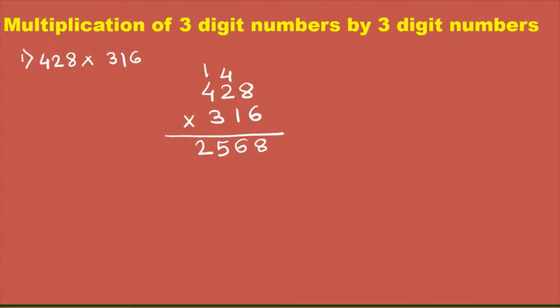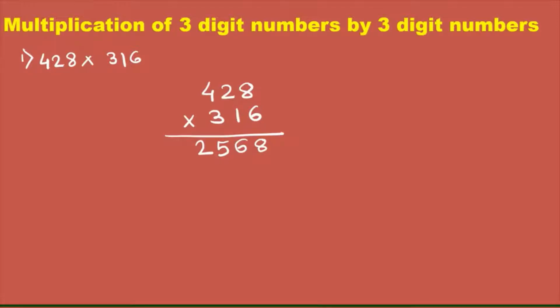So I'll clean this up so we will not get confused while multiplying this 428 by 10. Now move to 1, which has a value of 10.